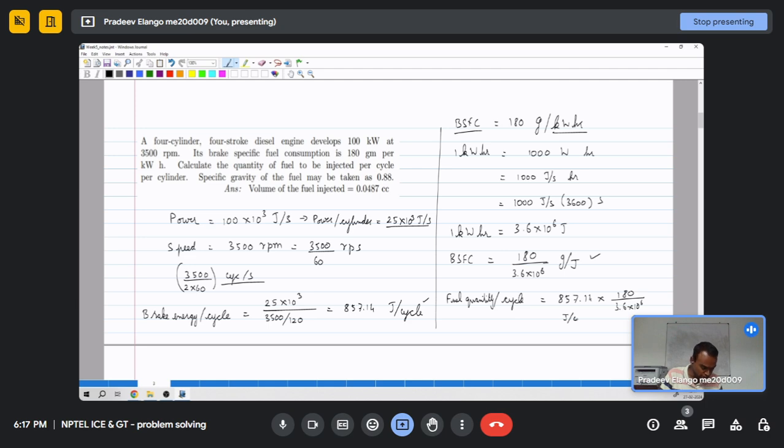This is joule per cycle, and this is multiplied by gram per joule. So joules and joules get cancelled, then finally my result will be in gram per cycle. Can you calculate this? It comes to about 0.0429 grams.